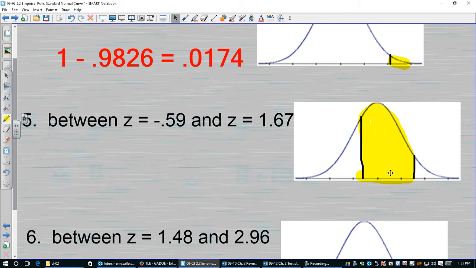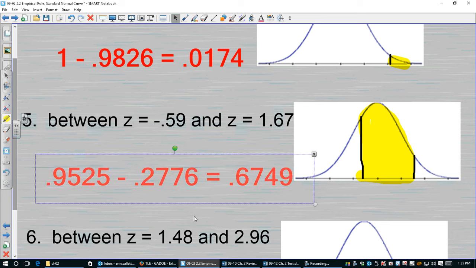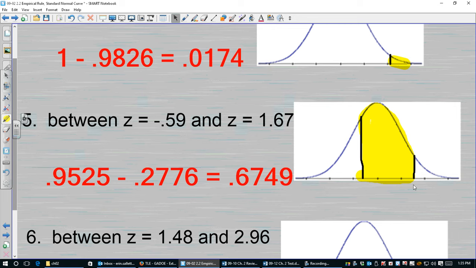The value that you get out of your table for the z-score of positive 1.67 is going to be greater than the value you get for your negative 0.59 z-score. You're going to take this larger one and subtract from it this area of this tail piece that you don't want in your area. The area from the right piece was 0.9525, subtract 0.2776 and you'll get 0.6749.